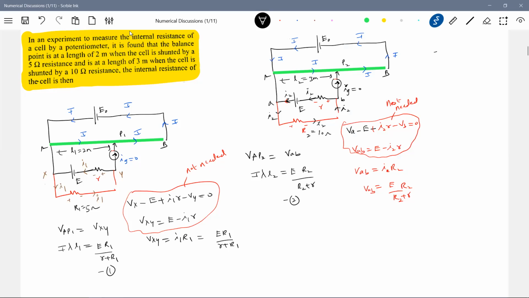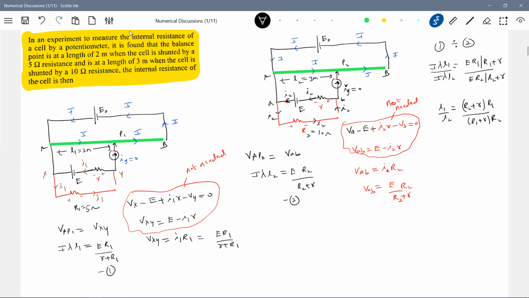So dividing 1 and 2, this will become I lambda L1 by I lambda L2 equal to E R1 by R1 plus R. So L1 by L2 is equal to R2 plus R into R1 by R1 plus R into R2.